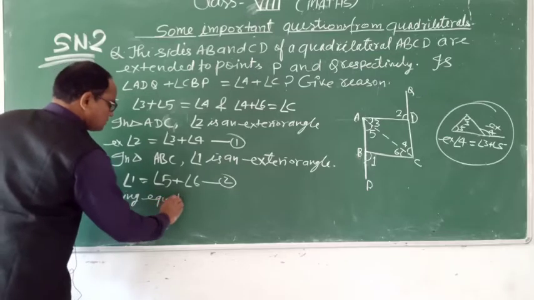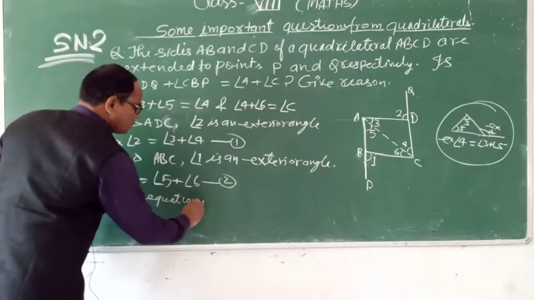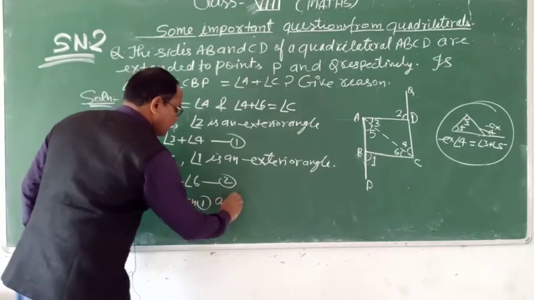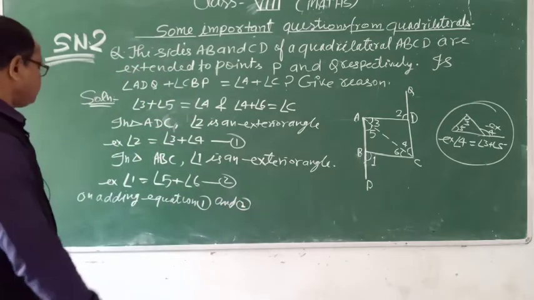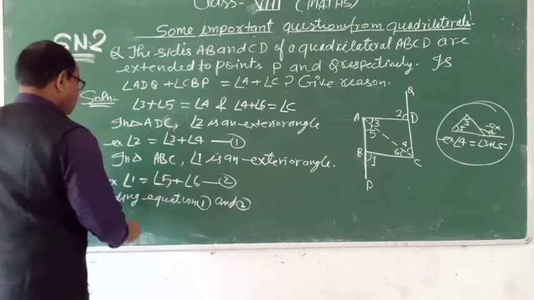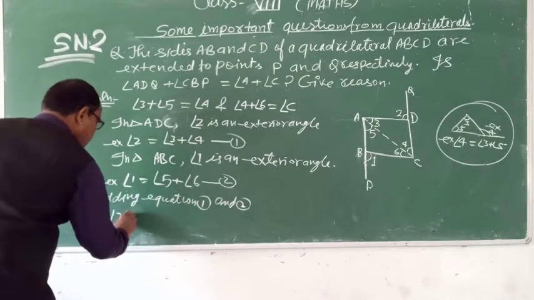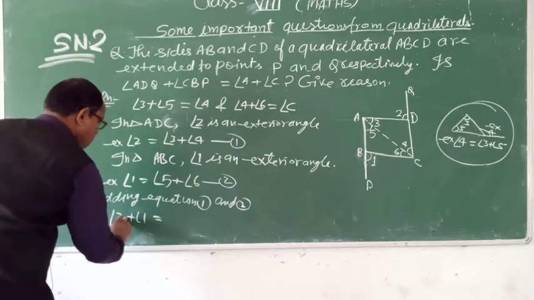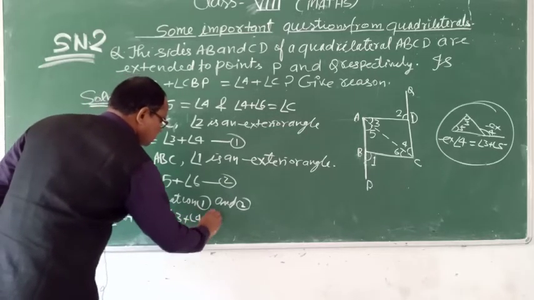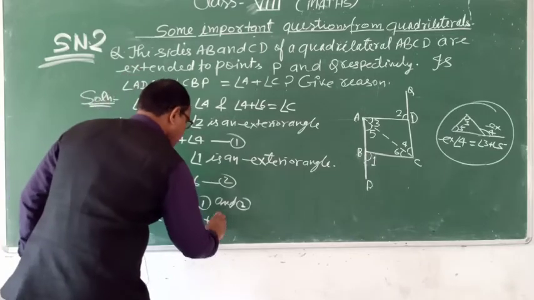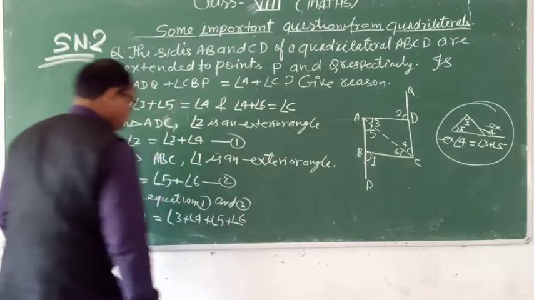equations 1 and 2, okay student? Then angle 2 plus angle 1 is equal to angle 3 plus angle 4 plus angle 5 plus angle 6.